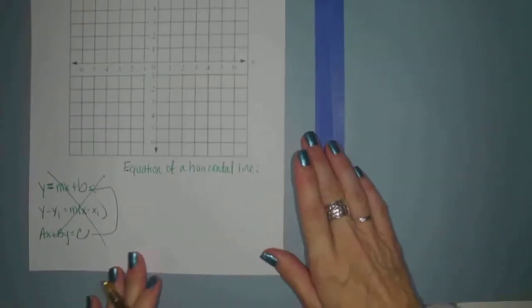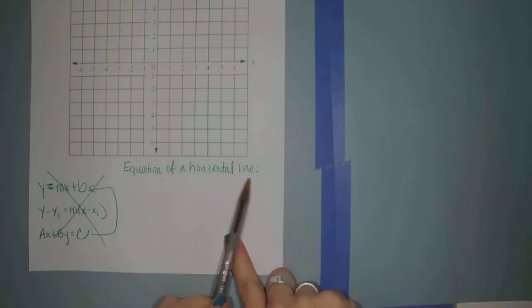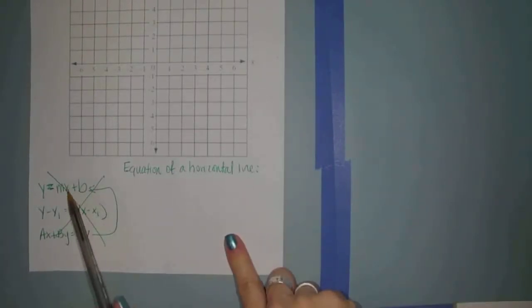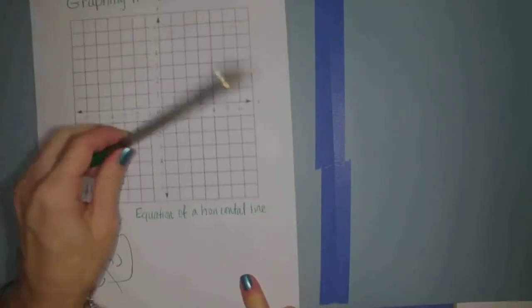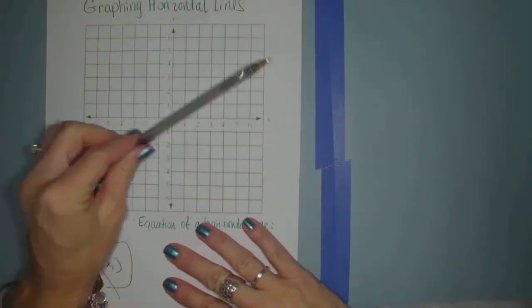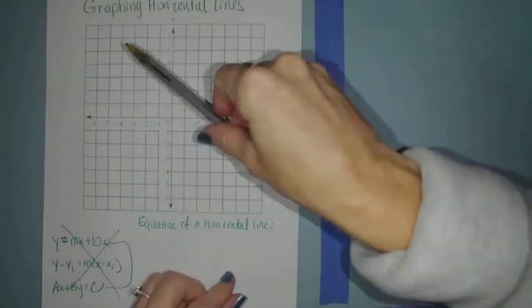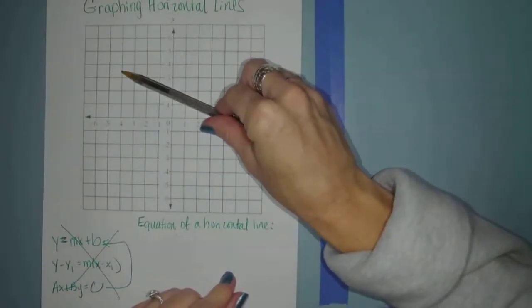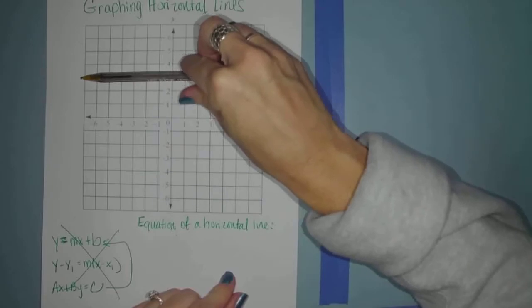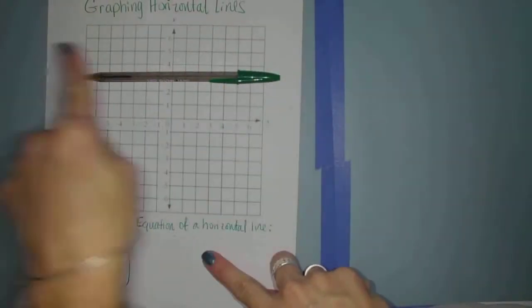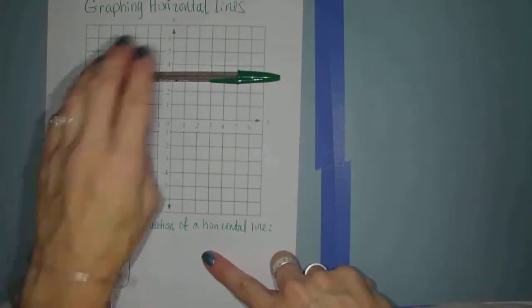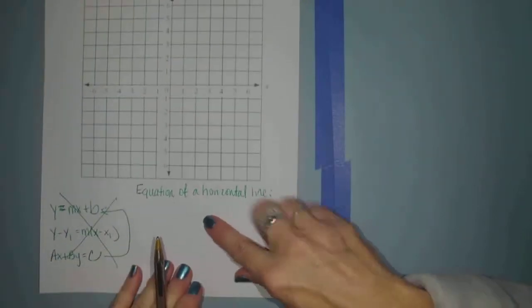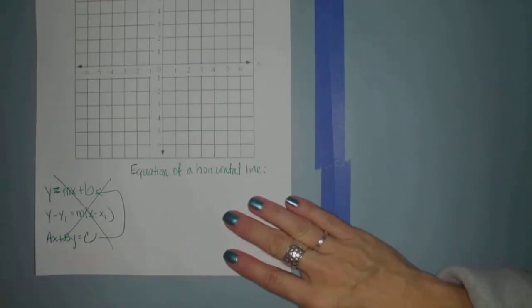So let's talk about that first. The equation of a horizontal line is not going to look like any of these. All of these are slanted, maybe like this, maybe negative slope, but they're not horizontal. A horizontal line is going to have an equation as simple as what I'm about to show you. It's going to look like this.